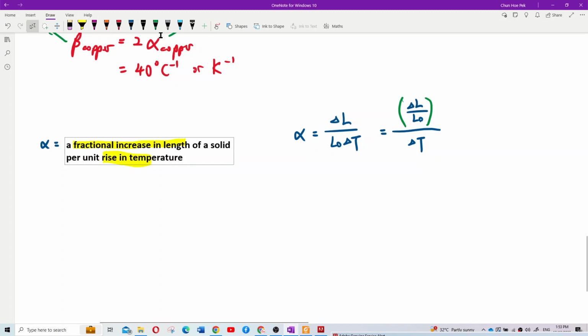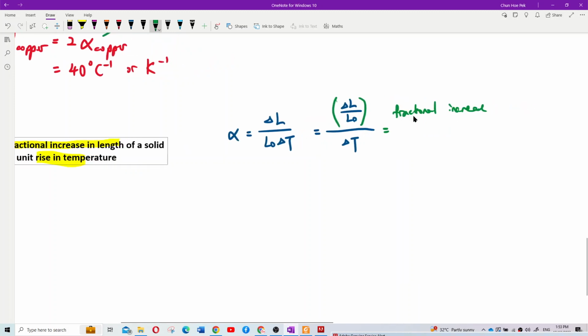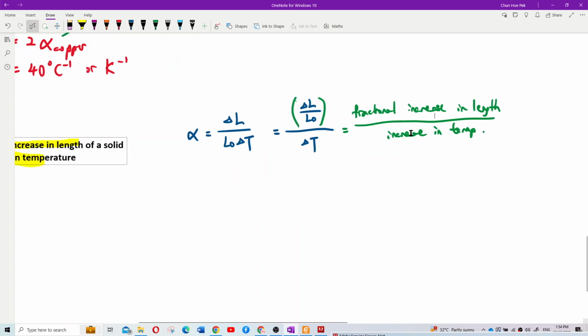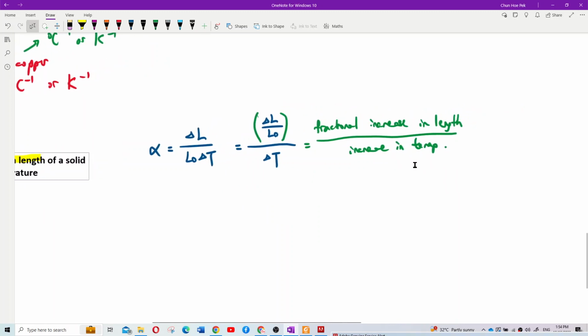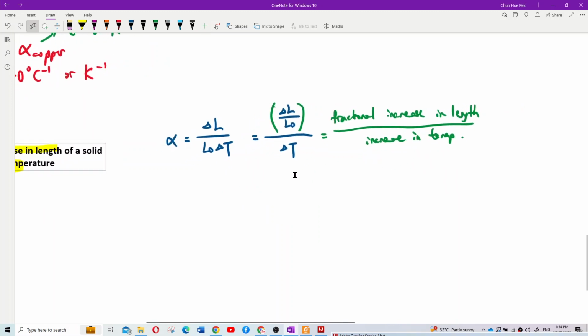The top one is the fractional increase in length, over the increase in temperature. Fractional increase in length. You understand? Maybe I should give one example.